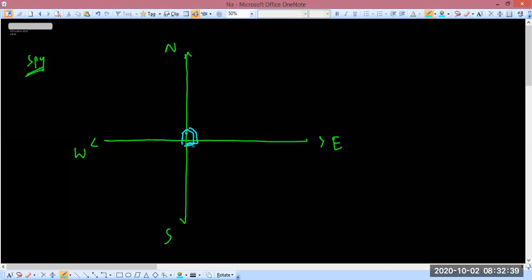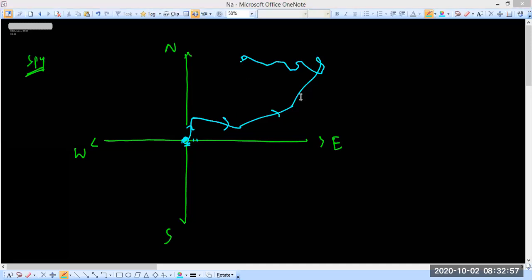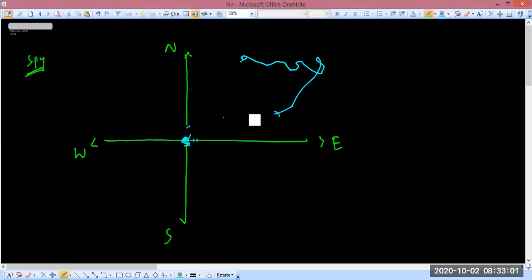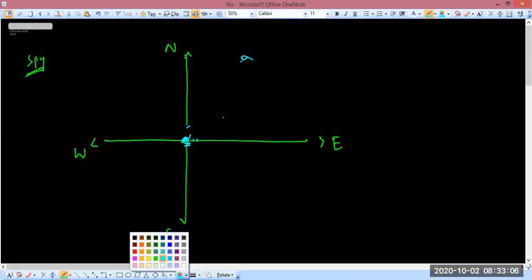The terrorist starts from here, starts from origin, moves over there, moves over here, moves over here, and finally reaches this point. Okay, so now, oh, sorry.